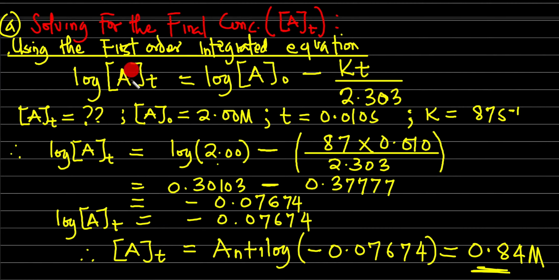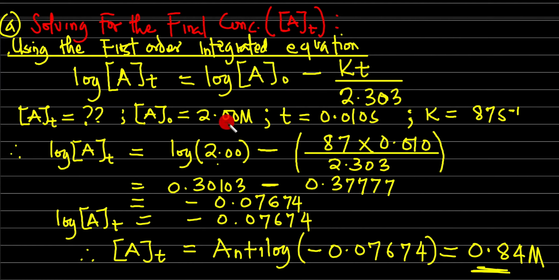Now log At is what we are asked to find. So At is the question mark here, A naught is 2.0 molar, t is 0.010 seconds, and our K is 87 per second. So you're going to insert the parameters into this formula. Log At is what we are asked to find, so you leave this one here.